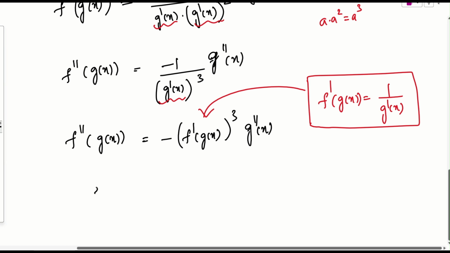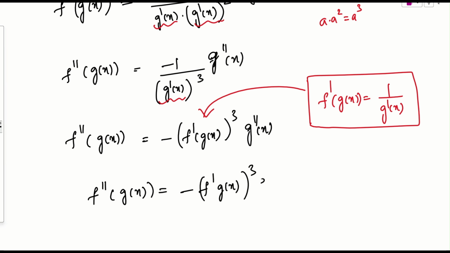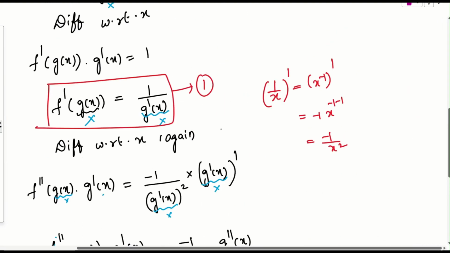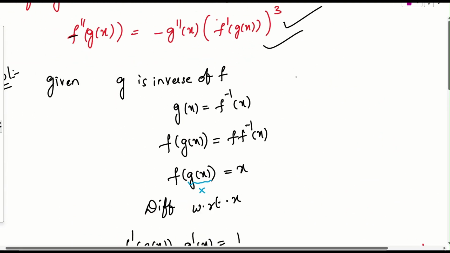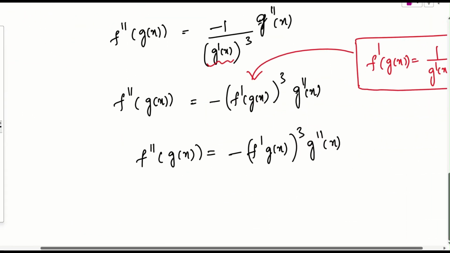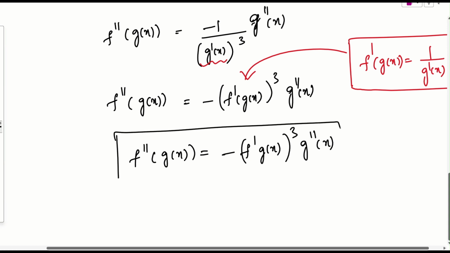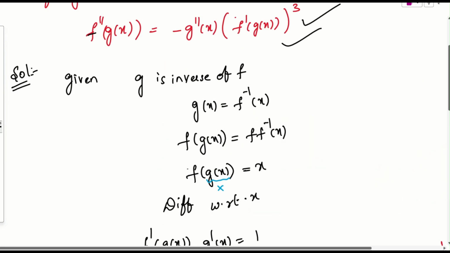So this will be minus f dash of g of x the whole cube times g double dash of x. They are asking us to prove the same. Yes, obviously the same. Is it okay? So hence proved. We can conclude for today for this problem. If you have any doubts, just let me know. Okay. Thank you.